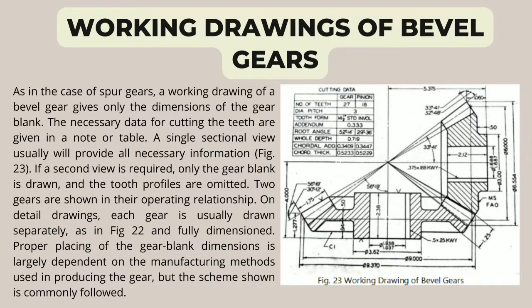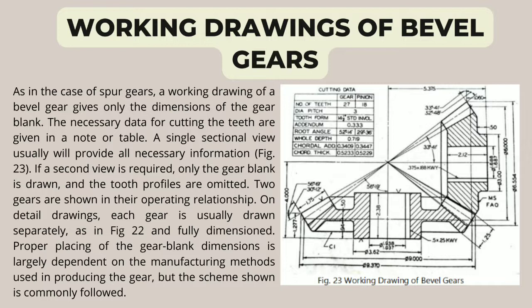As in the case of spur gears, a working drawing of a bevel gear gives only the dimensions of the gear blank. The necessary data for cutting the teeth are given in a note or table. A single sectional view usually will provide all necessary information. In Figure 23, if a second view is required, only the gear blank is drawn and the tooth profiles are omitted.